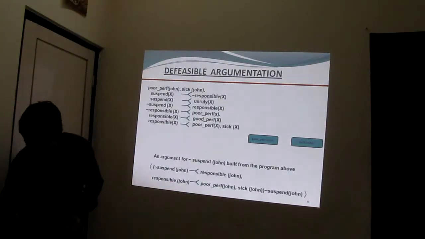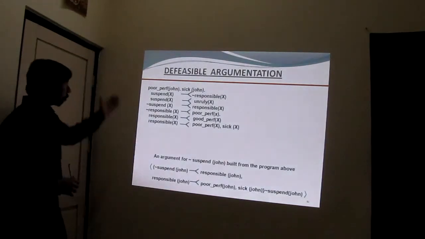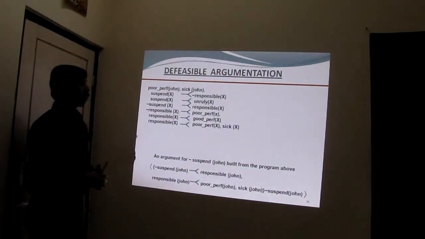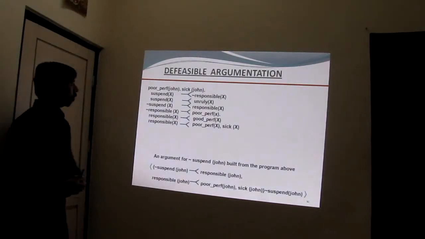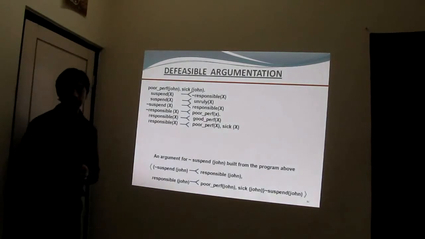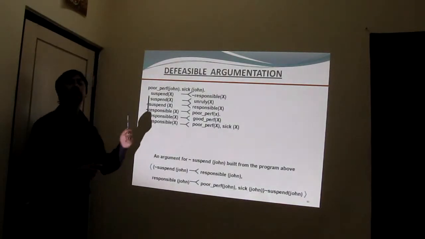Now we'll see how a defeasible argument can be constructed. We have a small defeasible program with six defeasible rules. These rules state: if a person is not responsible, then he should be suspended. If a person is unruly, then he should be suspended.